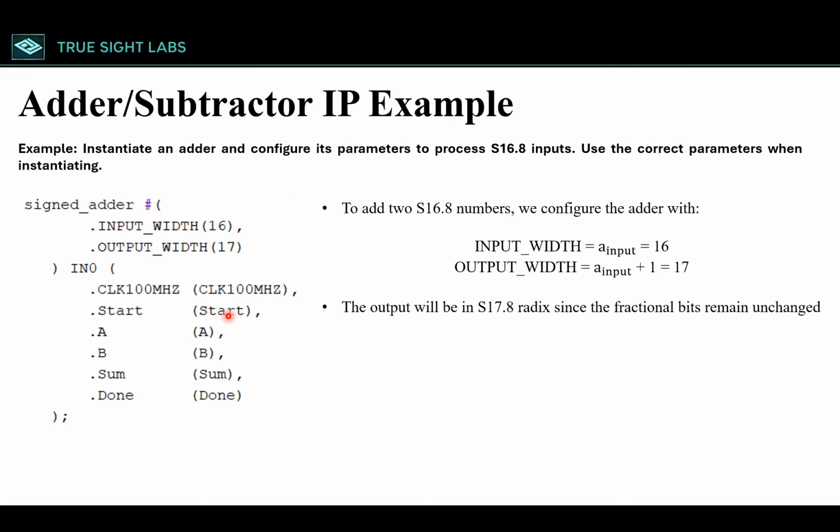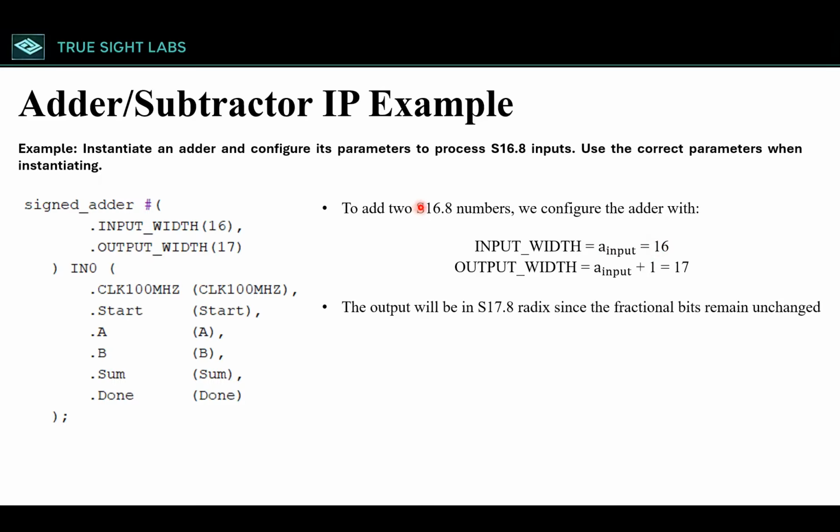So here is an example of how to use the IP core. Instantiate the adder and configure its parameters to process S16.8 inputs. Use the correct parameters when instantiating. To add two S16.8 numbers, we must configure the adder with these two parameters. The input width needs to have its parameter be 16, since that's what our A was in SA.B.